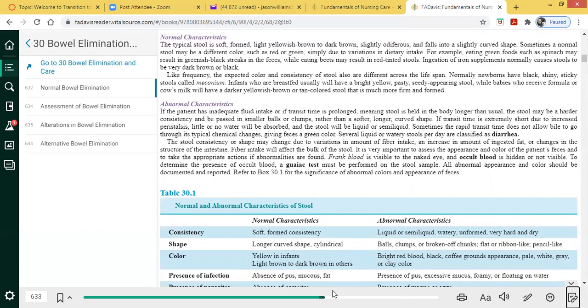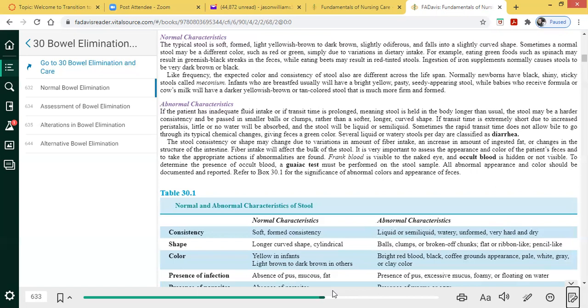The typical stool is soft, formed, light yellowish brown to dark brown, and has a slightly curved shape. It talks about how food can affect the appearance of the stool. If you eat green leafy foods, it can turn your stool greenish.